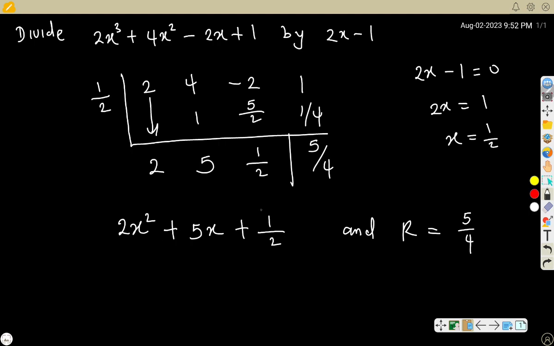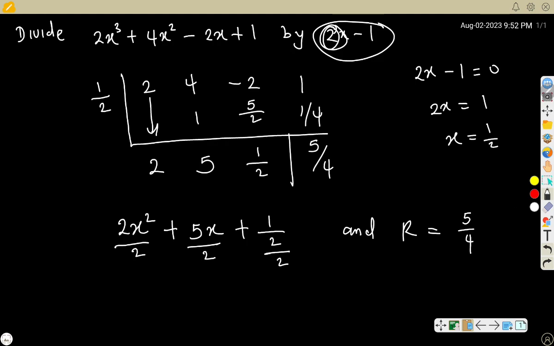But this quotient, you have to divide it by 2. Please take note again. Anytime you are dividing by something that has a coefficient here, after the normal procedure, divide each of your results here by that coefficient.